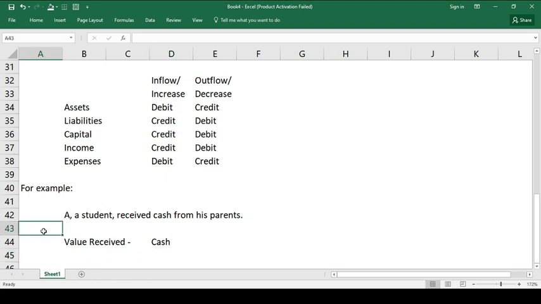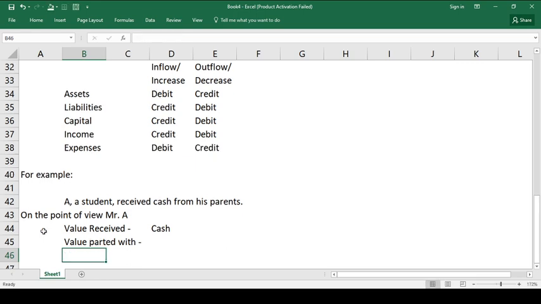On the point of view of Mr. A, he received cash, and the value parted with, or his credit, take note, when he received cash, it is not coming from his own pocket, but from others' pocket, particularly his parents.